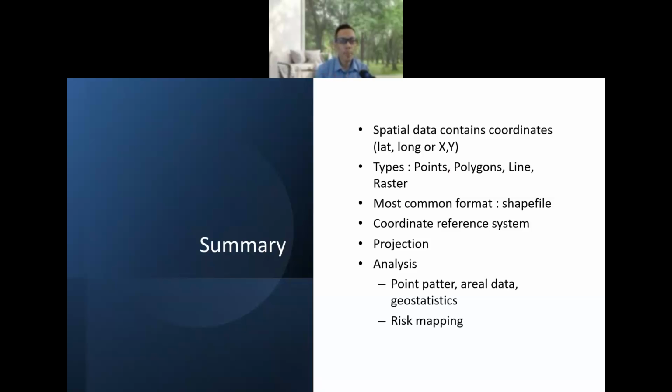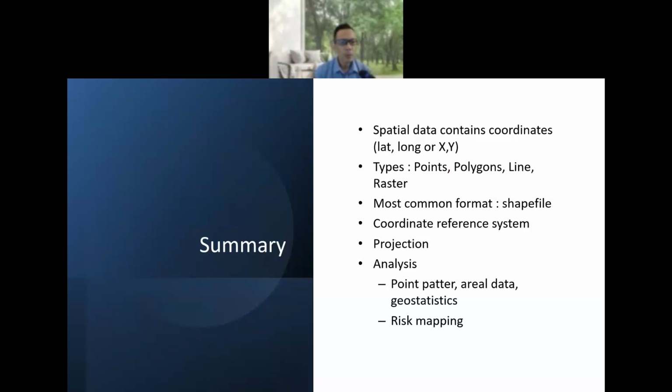Those who stay nearer have higher risk for infection again. So that's why you need to use analysis that considers this special feature, Tobler's first law, which says that everything that is nearer has a higher similarity, something like that.